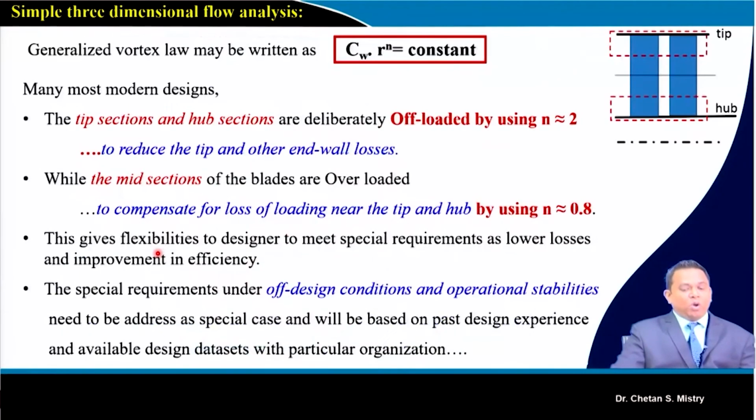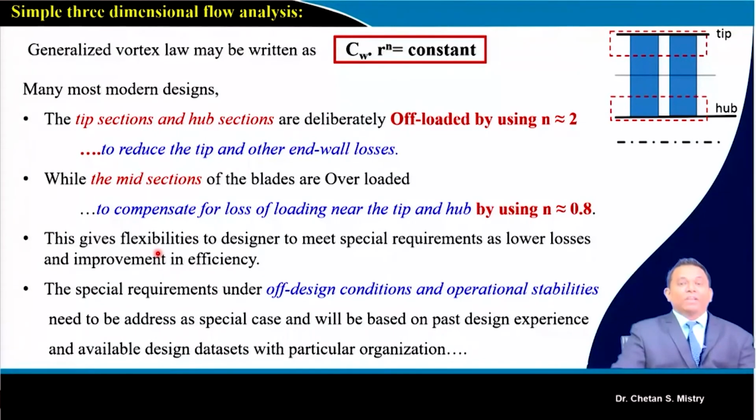Now, in the most modern designs, we have a lot of flexibility. You apply your law for the design, make the rotor and stator blades based on that, and if it works fine and gives the performance you are expecting, that is your design.